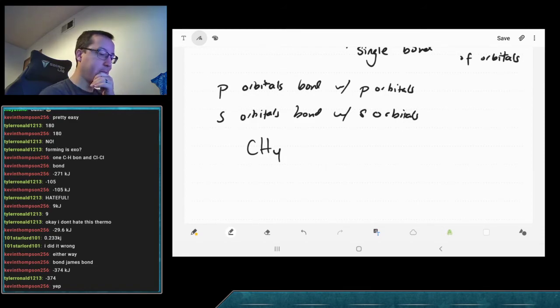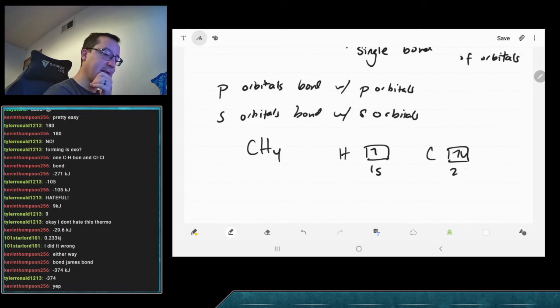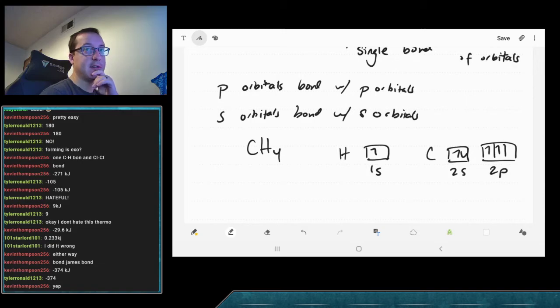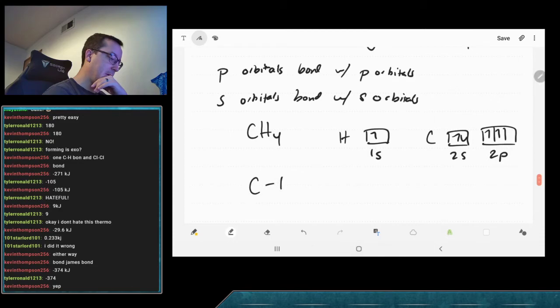Methane. If we look at hydrogen, it's just 1s, right? It's got its one electron. For carbon, I'm just going to do the valence because who cares about the rest of it? We know CH4 exists, and there are 4 single bonds in the CH4 molecule, right?